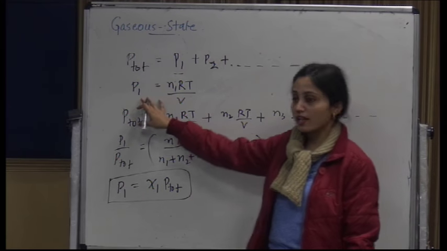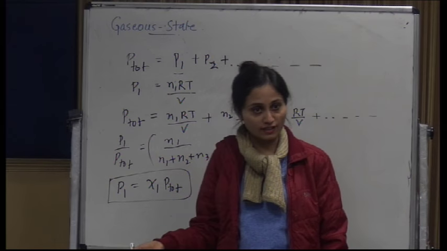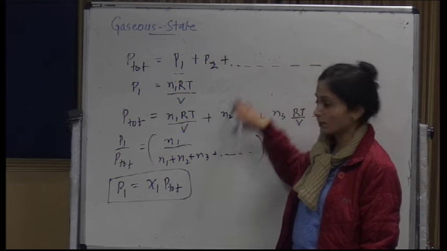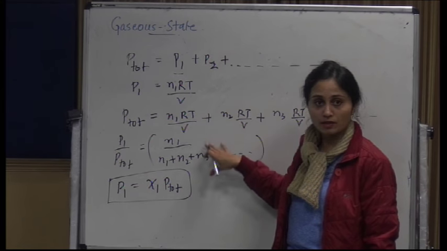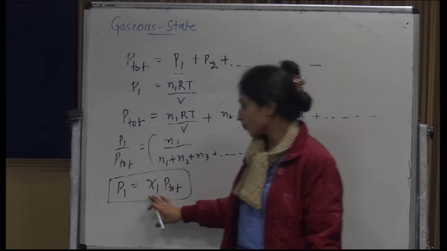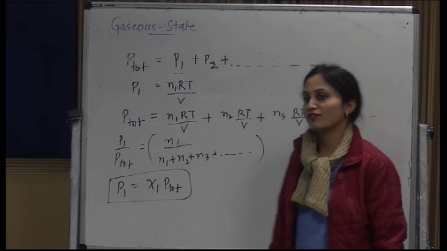P1 is equal to N1 RT by V because we are assuming each of the gases to be an ideal gas, and then we substitute each of P1, P2, P3, the partial pressures, accordingly. We just took the ratio and found a relationship P1 is equal to chi1 into P total, where chi1 is the mole fraction.